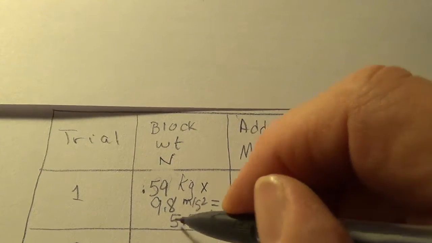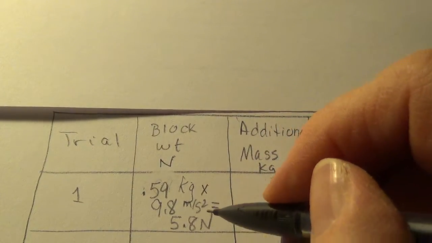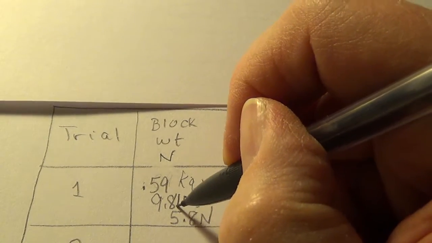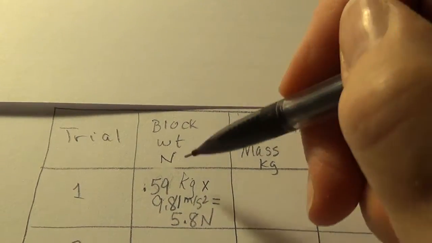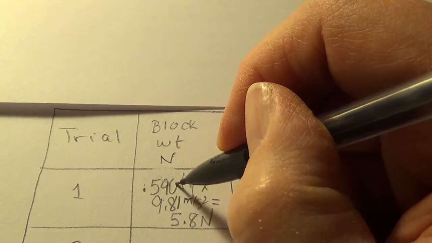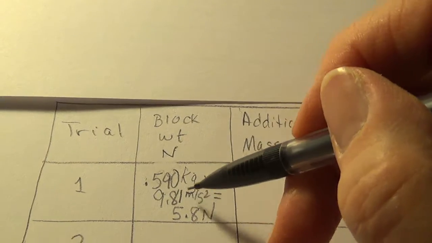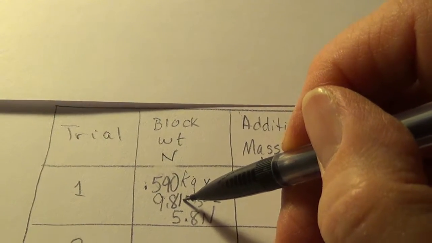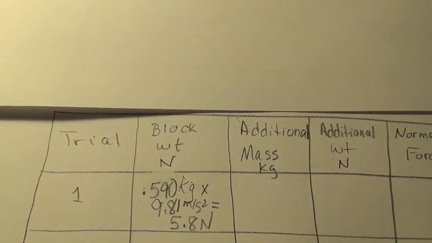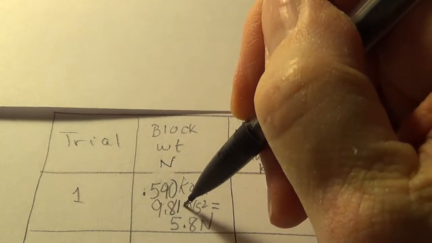And you can decide how many sig figs to use. Actually, if we're using 9.8, we can actually use another digit there. If we're actually able to measure this to 3 significant digits, we'll go ahead and use 3 and the 9.8. The next significant digit in the gravity constant is 1.